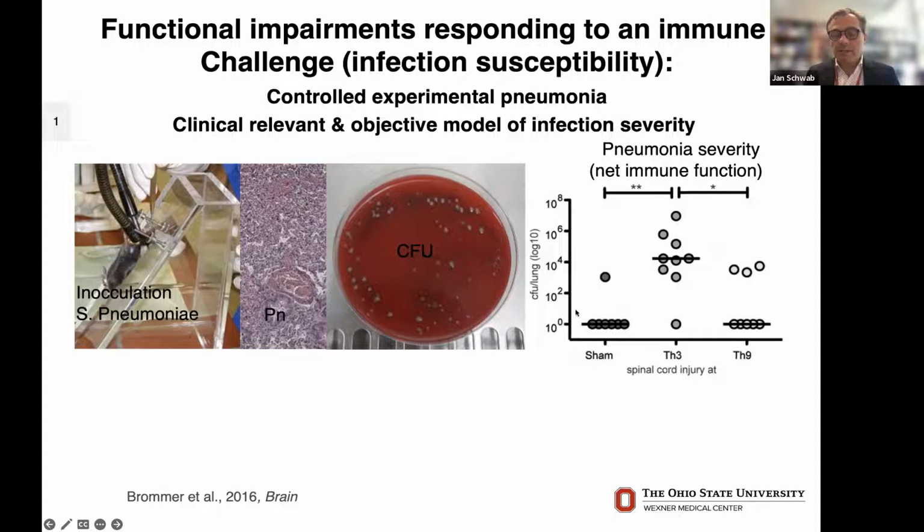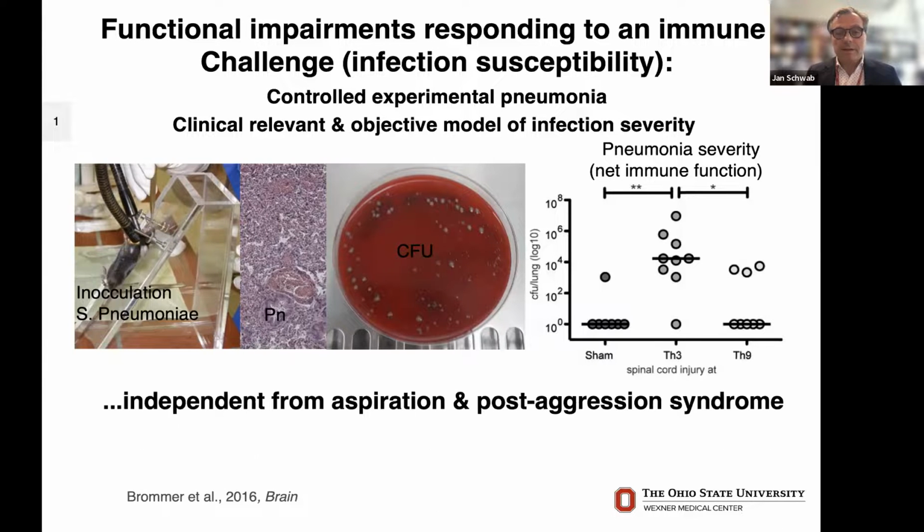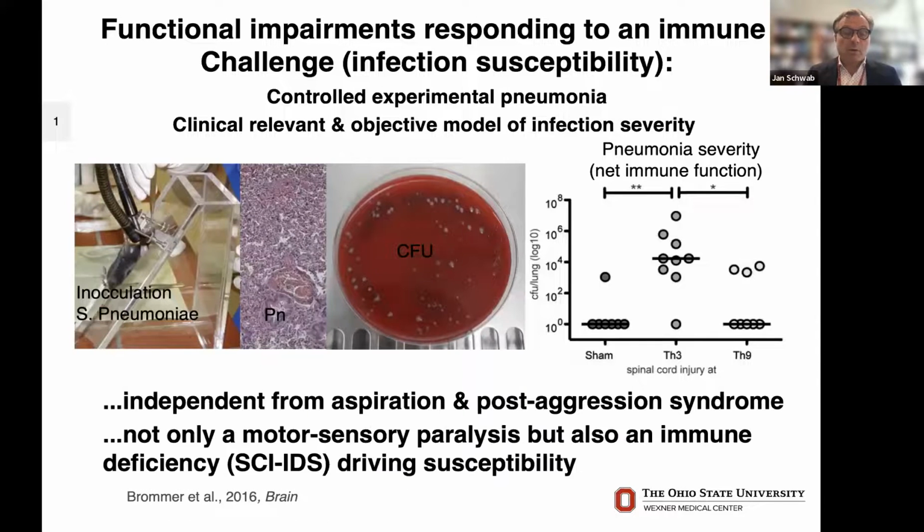And in the sham control, all besides one animal have been able to clear the bacteria. So with that lesion level dependent effect, I guess it's fair to say that spinal cord injury is not only causing the more obvious motor sensory paralysis, but also is able to trigger an immune deficiency, which is driving the susceptibility to infections.